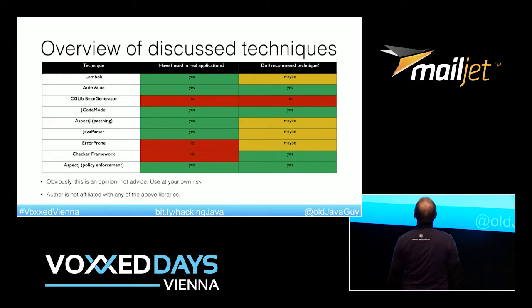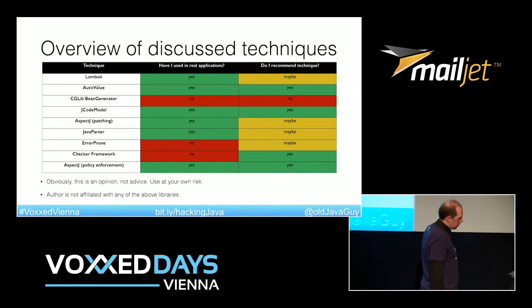Lombok, my personal opinion is Lombok is not that nice, but on the other hand, it gets a lot of visibility. For example, the Spring Data guys are using it, and you don't have any runtime dependencies. You just have the compile time dependencies. So once you build this green, everything is fine. Yeah, that's pretty much it.